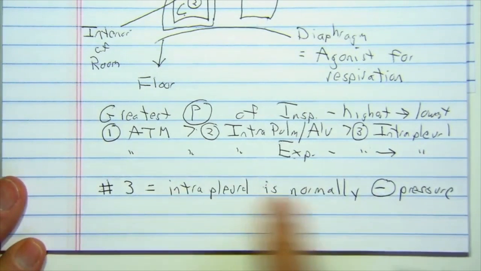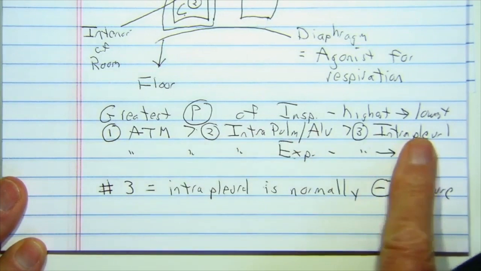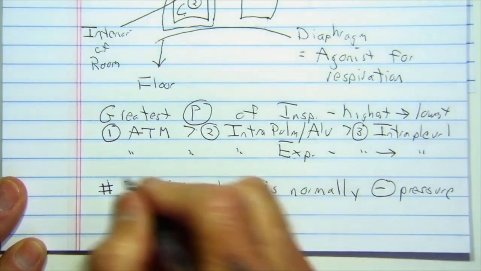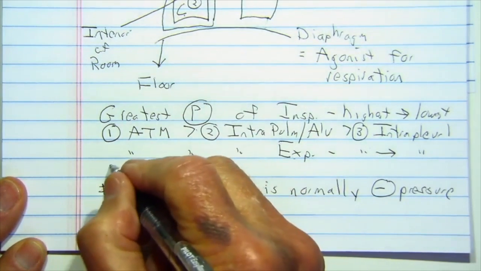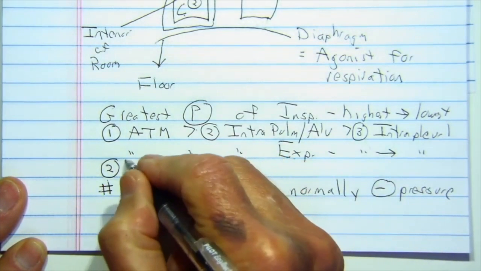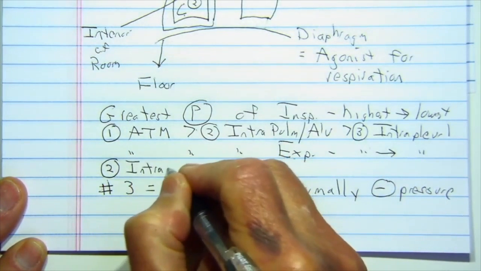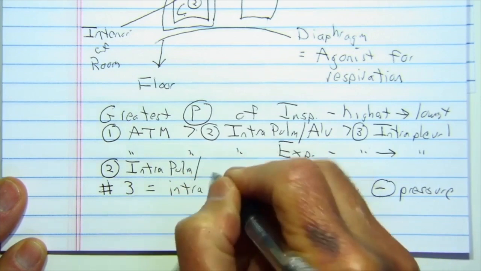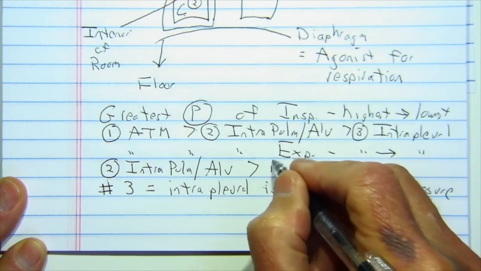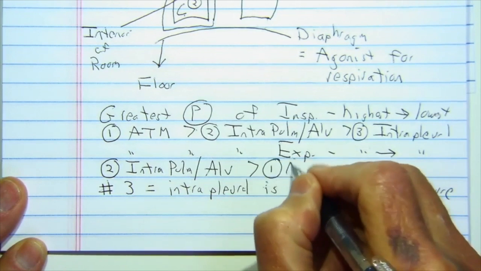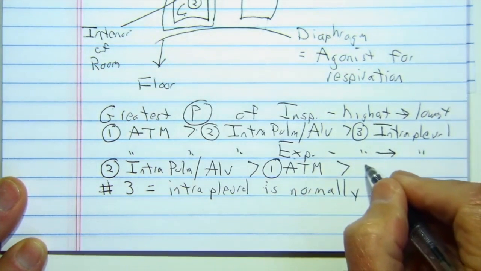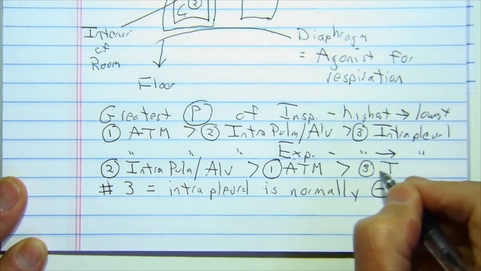So in order for that to work, and looking at this question of what's greatest when I expire air, the greatest pressure going out is going to be pressure number 2. So therefore, to get air out, the intrapulmonary or intraalveolar is going to have to be greater than pressure number 1, which is atmospheric, and that's going to be greater than pressure number 3, which is intrapleural.